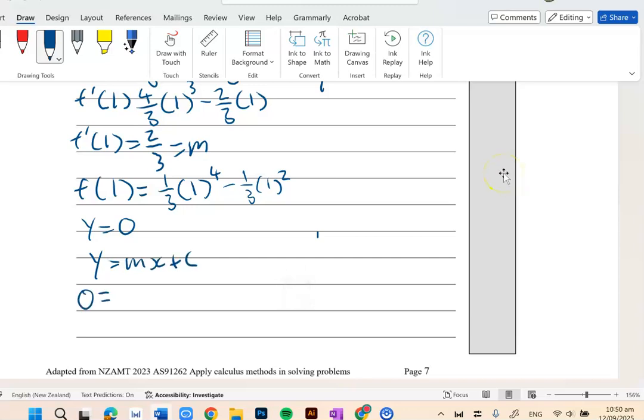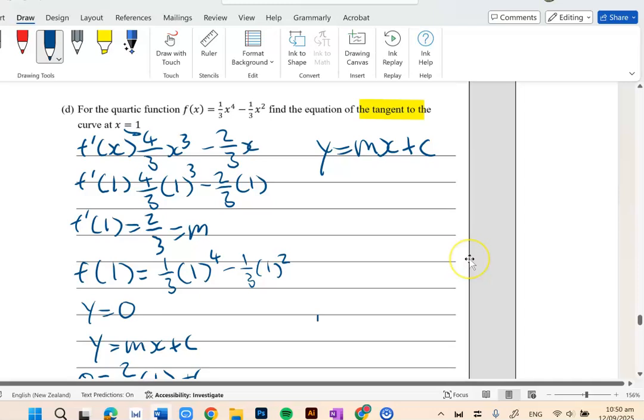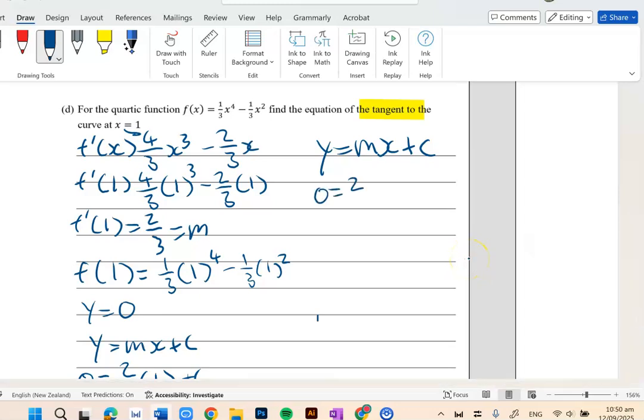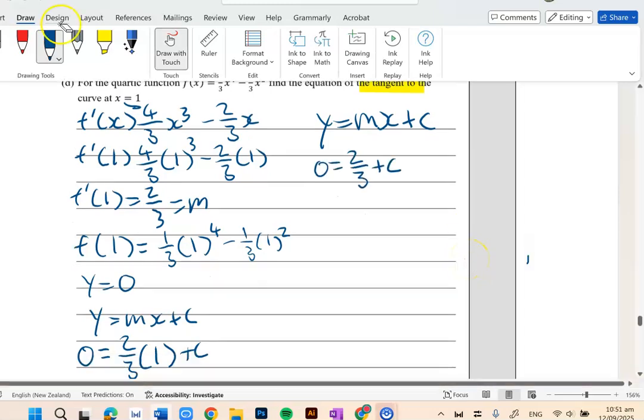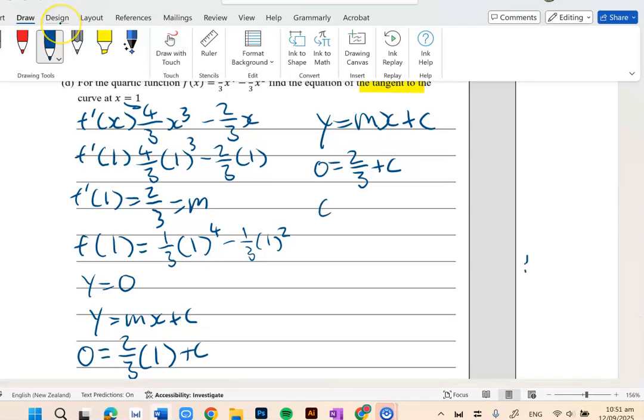So 0 equals 2/3 times 1 plus c. So that means we'll just have 0 equals 2/3 plus c. 2/3 to the other side becomes negative 2/3, so c equals negative 2/3. So our equation of the tangent will just be y equals 2/3 x minus 2/3.